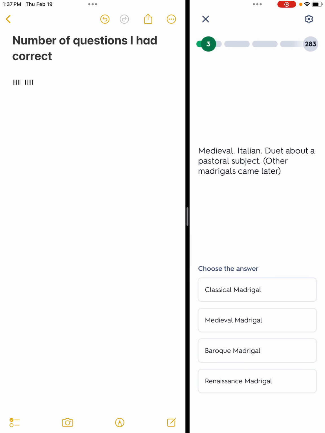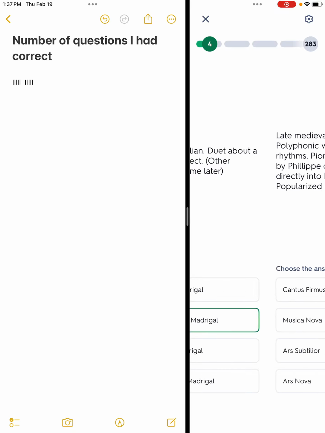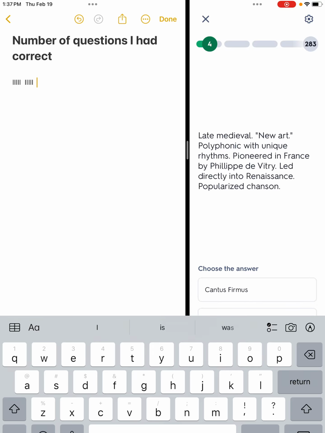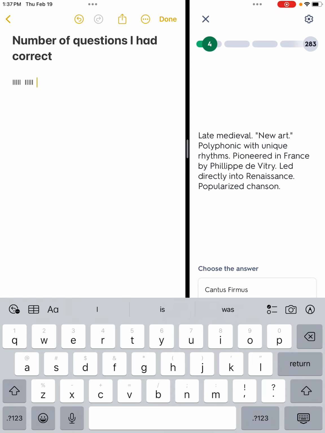Okay. Medieval Italian, duetted by a pastoral subject, other madrigals comes later. Medieval madrigal. That is 11. So we're going to make that number 11. I got it correct.